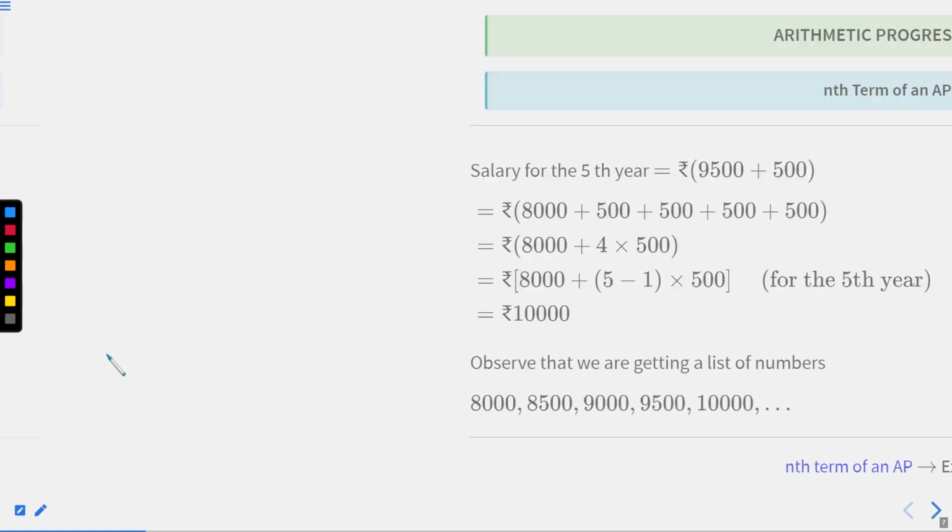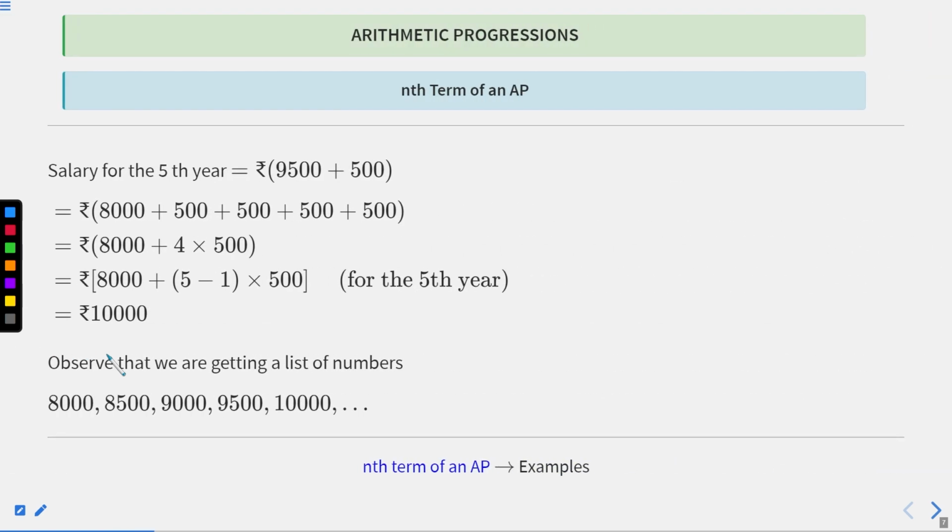So the salary for the fifth year is equal to 9500 plus 500. And 9500 can be written as 8000 plus 500 plus 500 plus 500, and here we add one more 500. So basically you get 4 times 500 added, which is equal to 8000 plus 4 times 500, and 4 can be written as 5 minus 1.